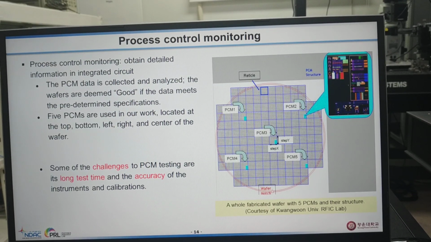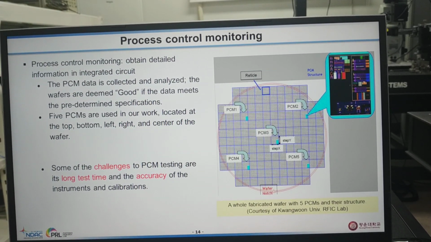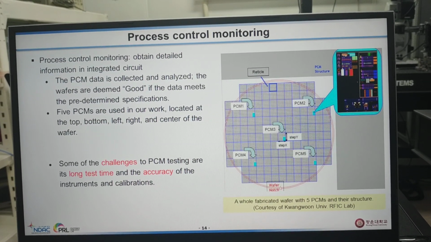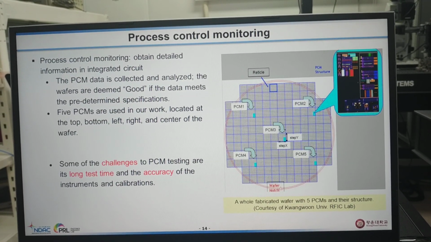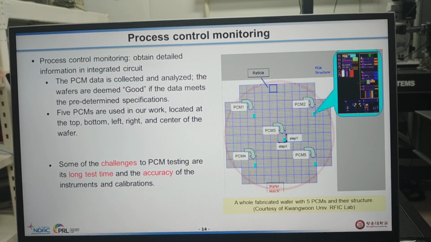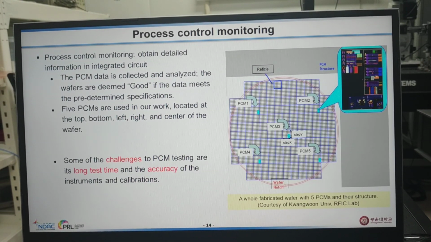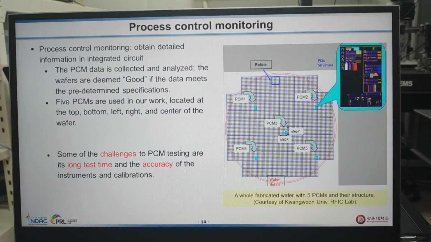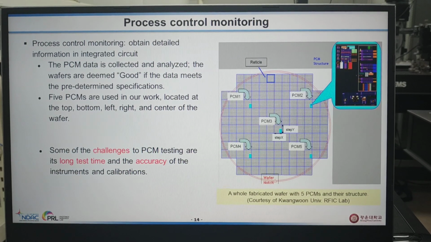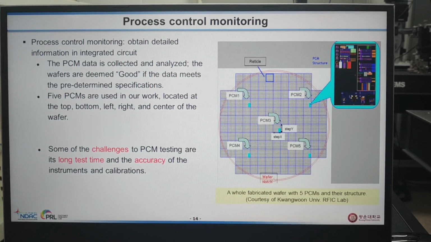The last method about the measurement is the process control monitoring. It can obtain detailed information in the integrated circuit. The PCM data is collected and analyzed.